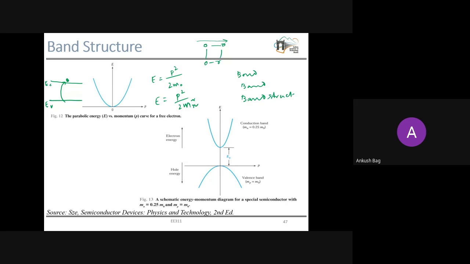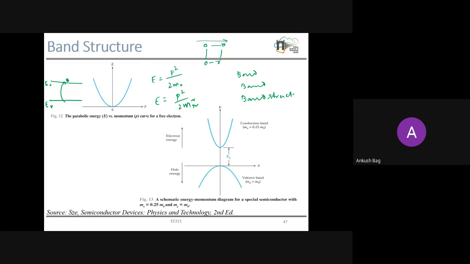So the effective mass of your electron, n for electron, and if you have mp, that means this is the effective mass of a hole, because a hole will also experience a similar periodic potential when moving within the crystal.